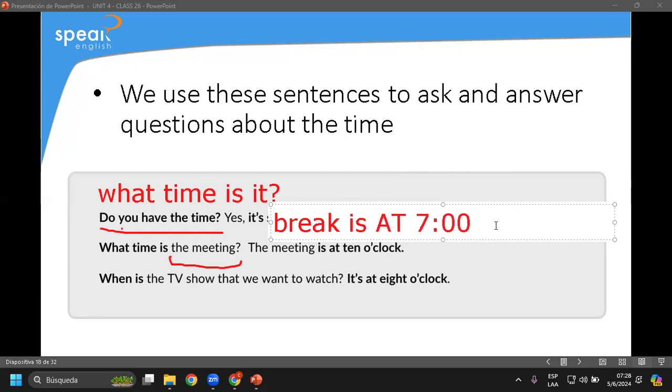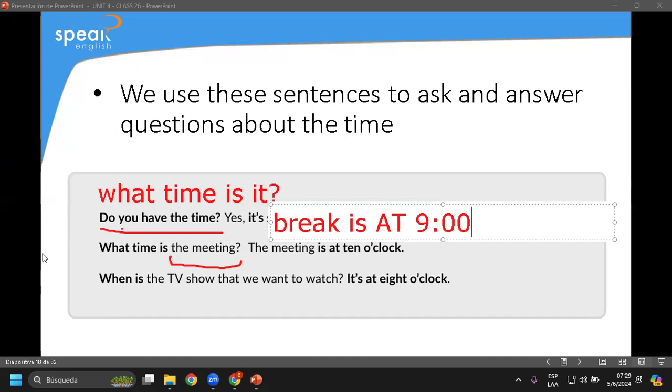Invent. So you can tell me the time that you prefer. What time is the break? The break is at 9 o'clock. All right, look, that's the way that we can answer to these questions.